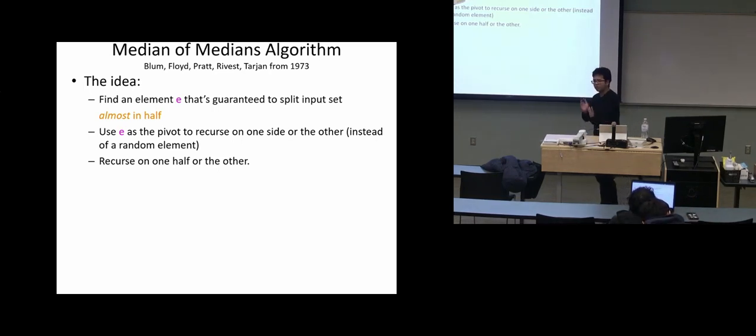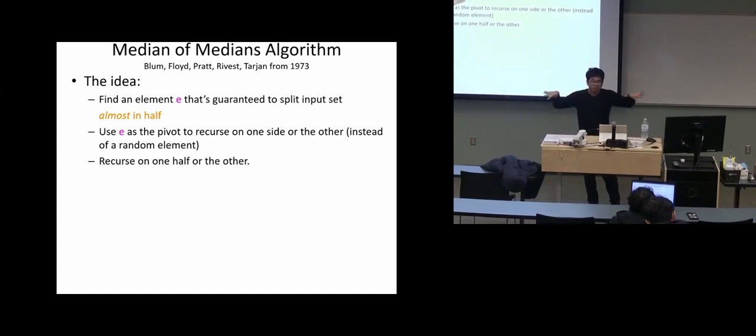So you see from the discussion just a moment ago that this quick select algorithm is bad when you choose an element E that is at the extreme of your list. But now suppose there is a way to guarantee that you select some element E that is close to the middle of the list. That is good. Why?